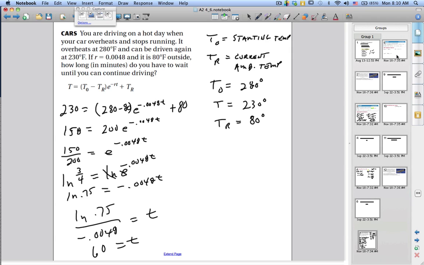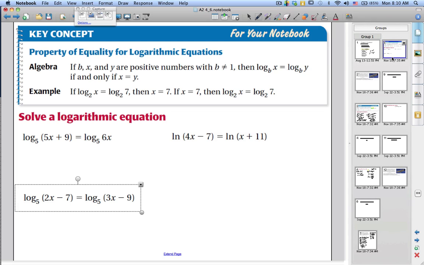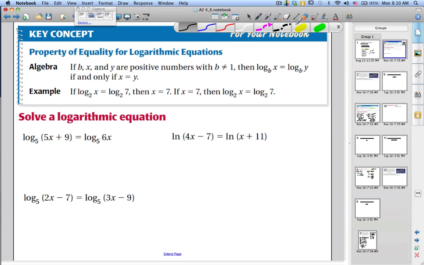So moving on to our logarithmic functions. If we want to solve logarithmic equations, we've got this rule that says that if log base b of x is equal to log base b of y, then x must equal y.